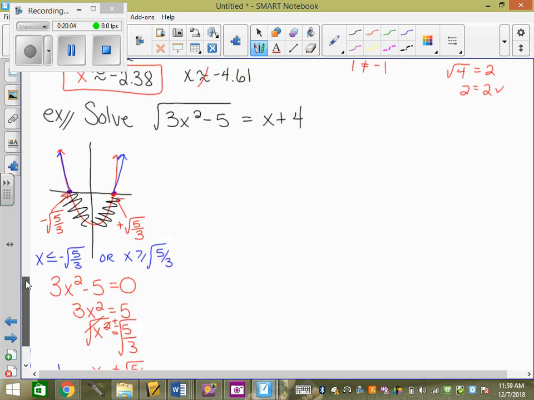Okay. So let's solve. You'd put it into your calculator and you'd see that you're actually going to get 2 answers and they're decimals. So we're going to get 2 solutions and they're crazy decimals. So we're probably going to have to use what? Quadratic formula. So 3x squared minus 5 square rooted equals x plus 4.